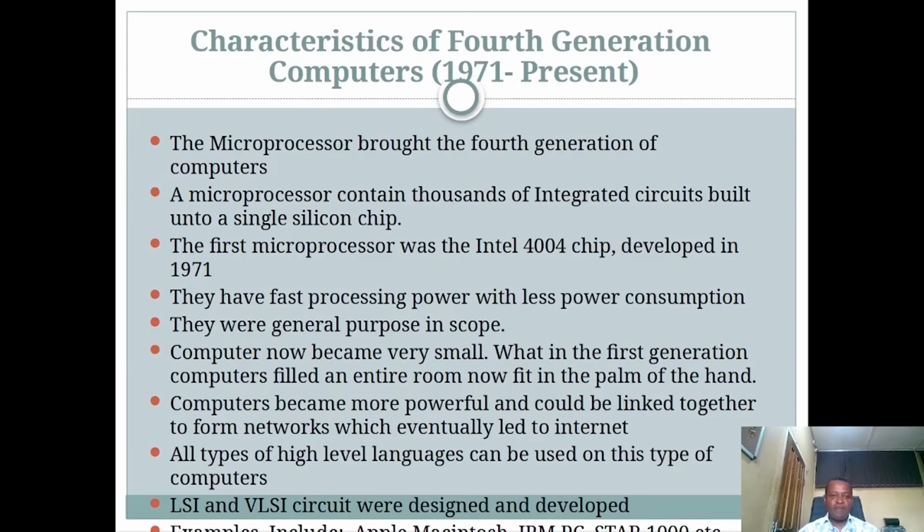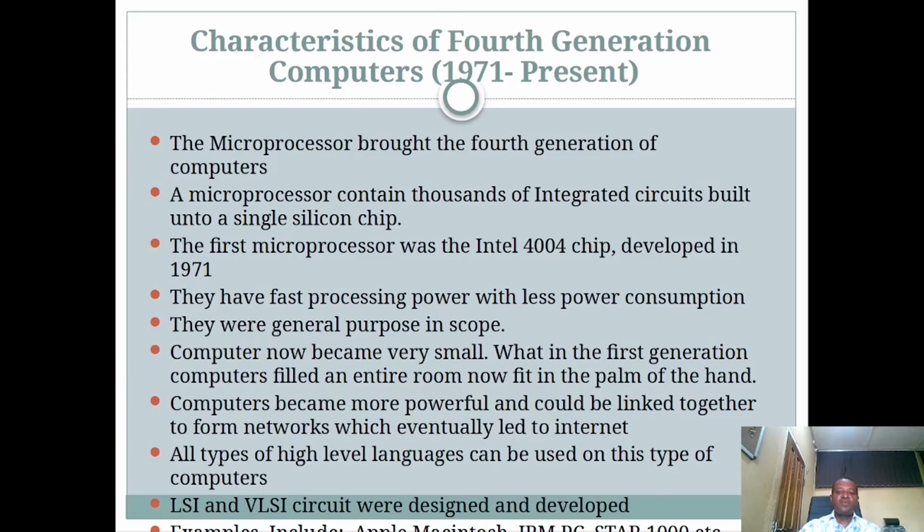Another point about fourth generation computer is that it supports high-level programming languages. I remember I made mention of levels of programming languages, where I mentioned that we have low-level programming language and high-level programming language. So the low-level programming languages were actually peculiar to the first generation and the second generation computer system.